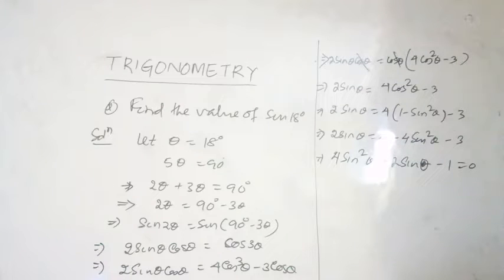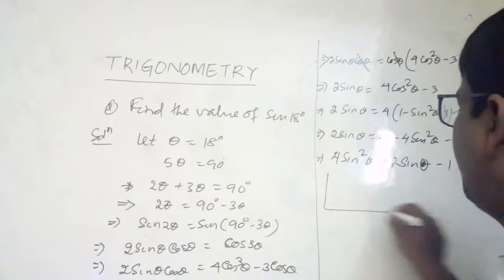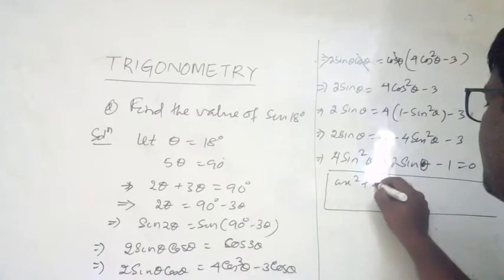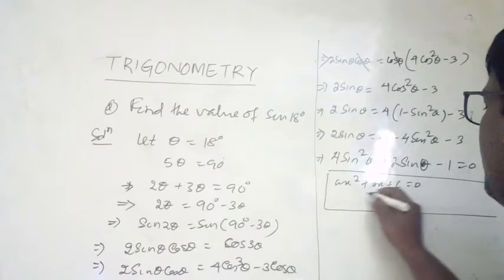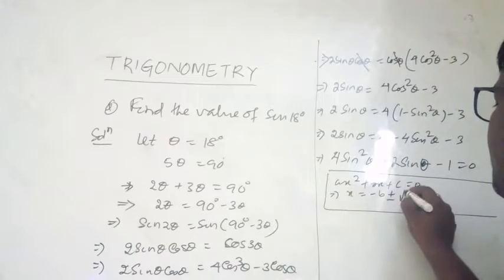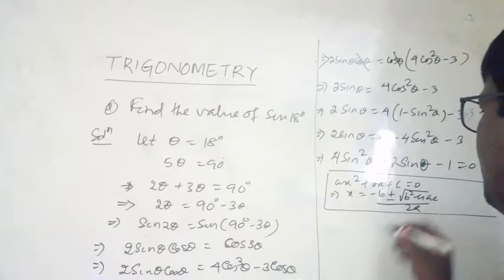It is quadratic in sin theta. Here we know ax square plus bx plus c is equal to 0 implies x is equal to minus b plus or minus root of b square minus 4ac by 2a.